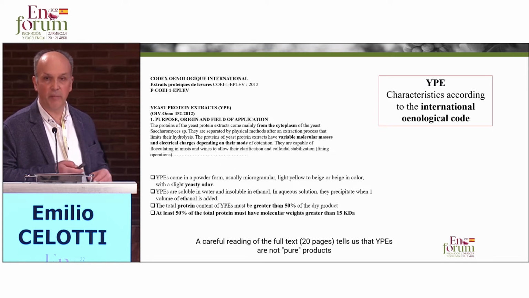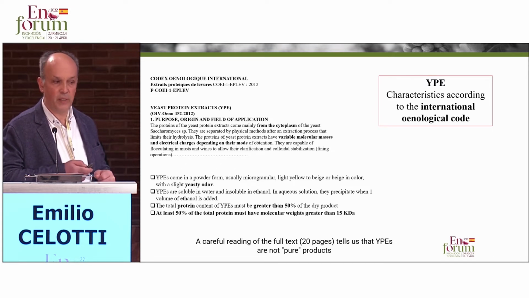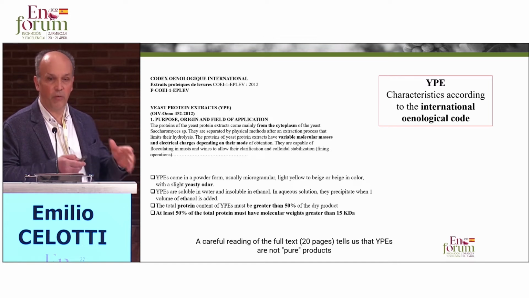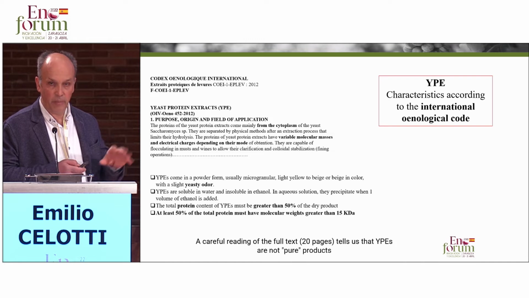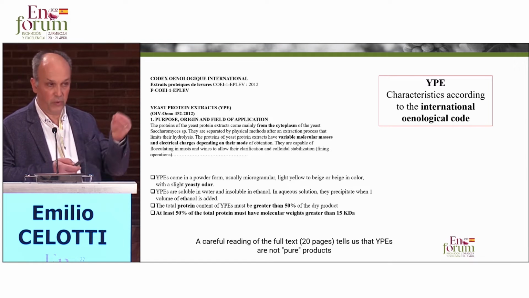The positive part, according to the OIV, we have a minimum of 50% of protein fraction with a specific molecular weight. This has to comply with the International Enological Code.